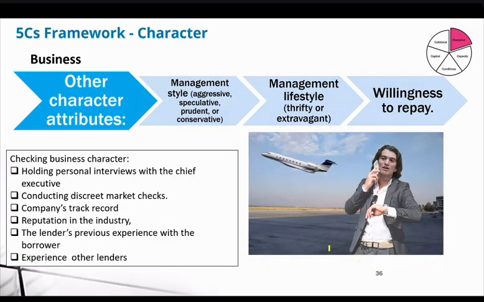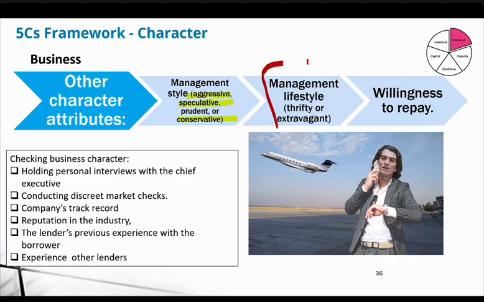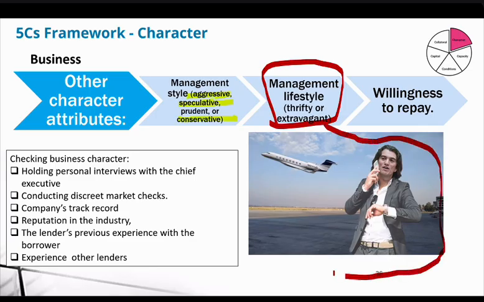They also mention other character attributes, for example, their style of management. Are they conservative, or are they the speculative type or aggressive type? Lifestyle means, do they show off a lot? Are they extravagant or are they thrifty? I use this WeWork example here as an example of extravagant.